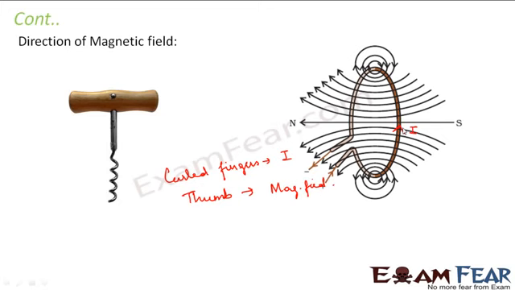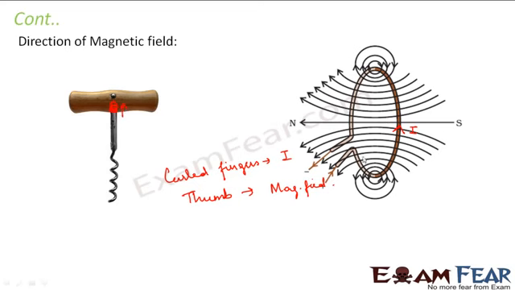Often this rule is known as the corkscrew rule. What is the corkscrew rule? Have you ever observed what happens when you screw something up? You move your hand like this, in a circular pattern, but the movement of the screw is in this direction.